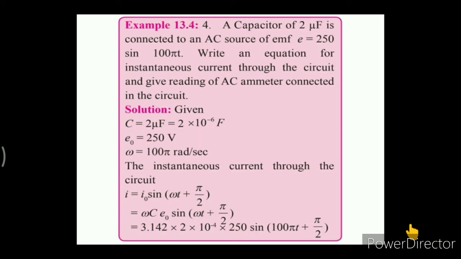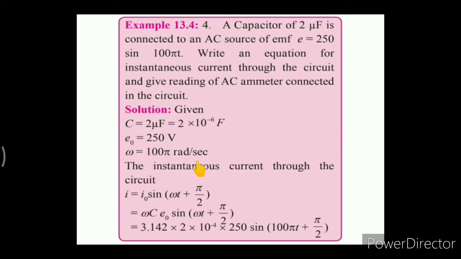So we know that the instantaneous current through the circuit when the capacitor is connected is given as I is equal to I0 sine omega t plus pi by 2. Let's substitute the values: I0 is nothing but E0 upon 1 upon omega C, and hence we can write I is equal to omega C into E0 into sine omega t plus pi by 2.